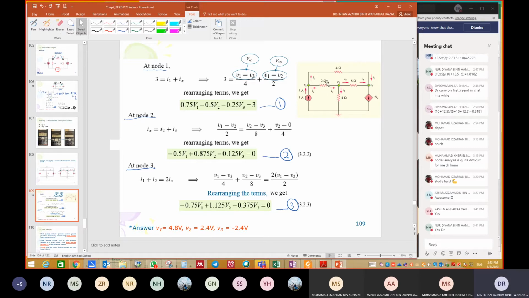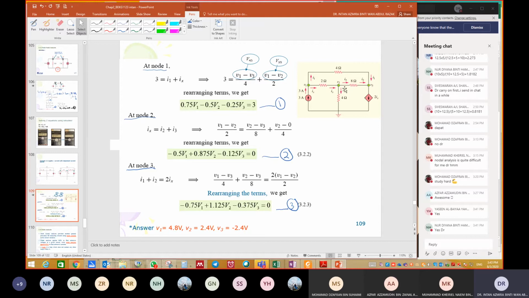Zafran, what is the V drop across 2 ohm? It is V1 minus V2. If you put Ix in the opposite direction of this Ix, then it is V2 minus V1.